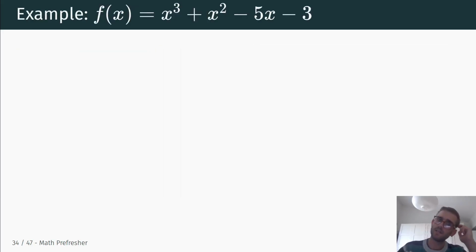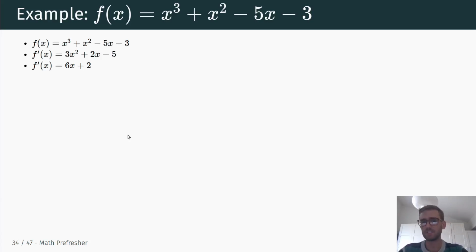All right. Let's go through one quick example. f of x is equal to x cubed plus x squared minus 5x minus 3. So a classic polynomial function. And now we want to identify the possible maxima and minima of that function. So the first thing we need to do is find the first and second derivative of that function.